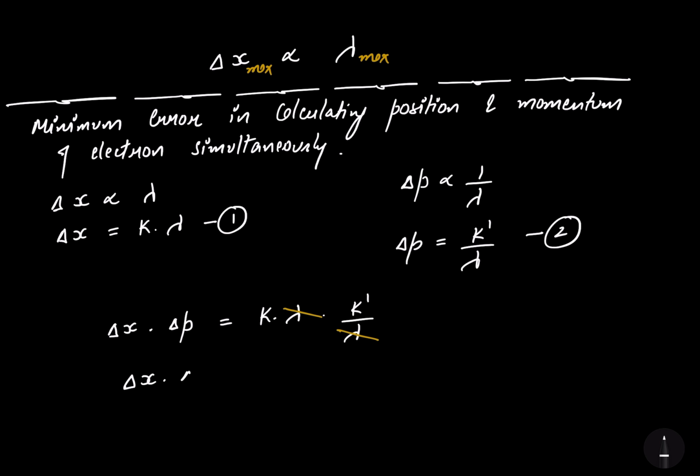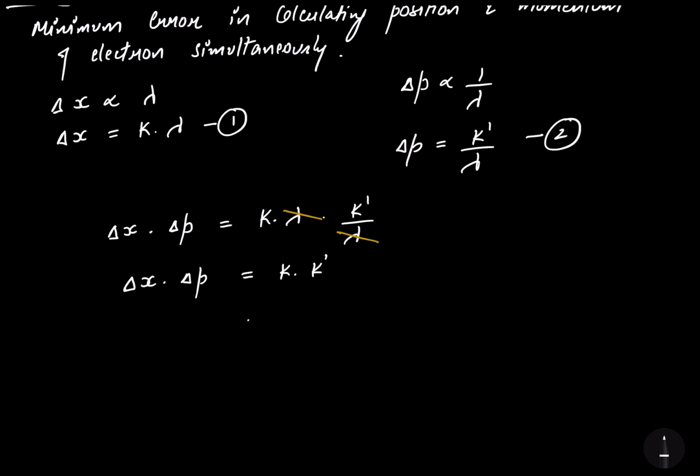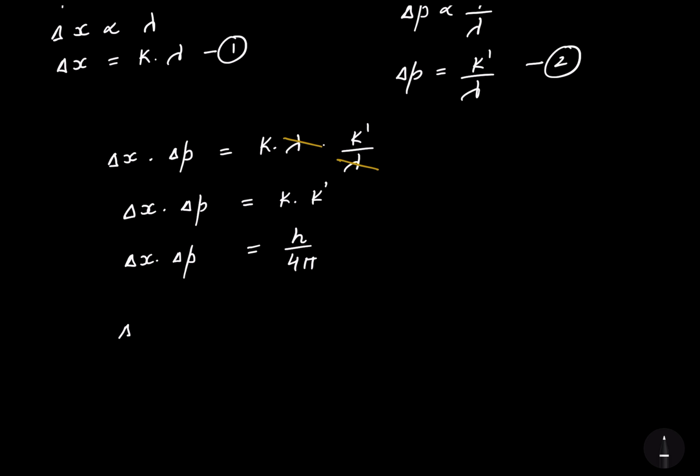delta x into delta p is equal to k into k dash, and Heisenberg sir has found the value of k into k dash to be h upon 4 pi. So Heisenberg told that the minimum error, delta x into delta p, in calculating position and momentum of electrons simultaneously will be greater than or equal to h upon 4 pi.